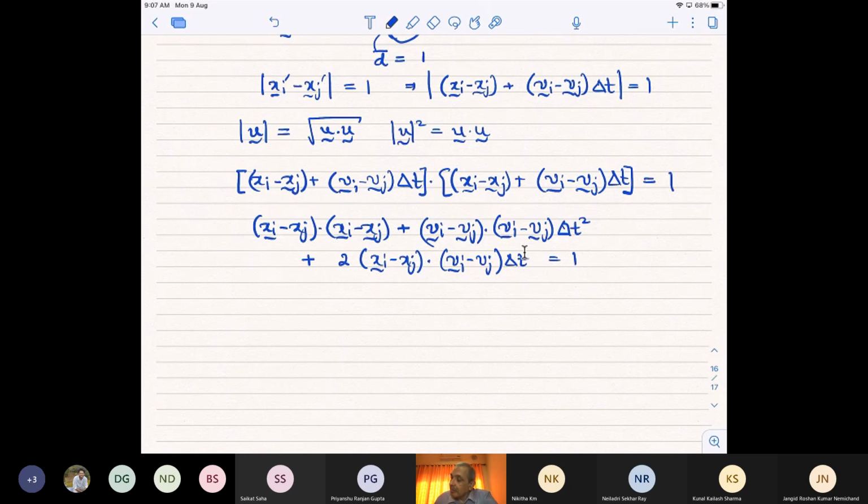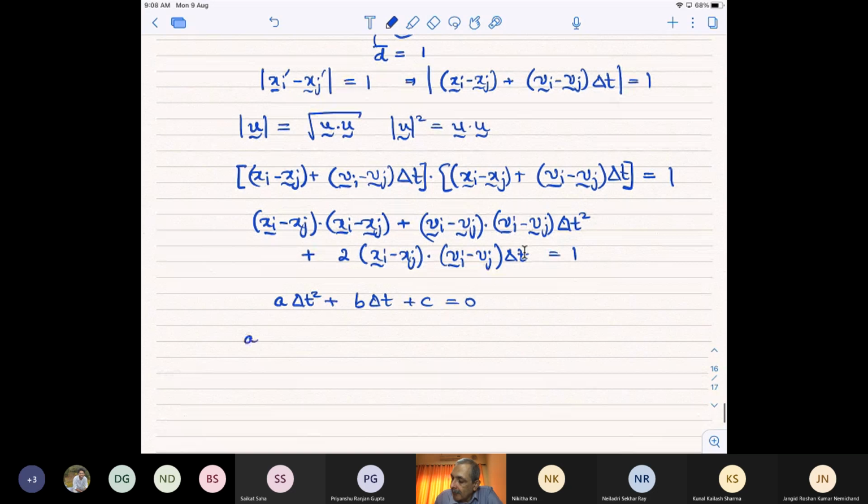If you look at this equation, it is nothing but a quadratic equation of the form a delta t squared plus b delta t plus c equal to 0. I won't write it as 2b, just b times delta t. What is a?